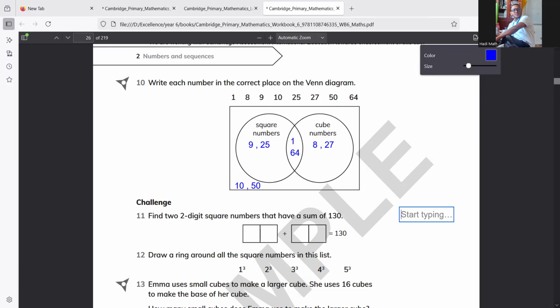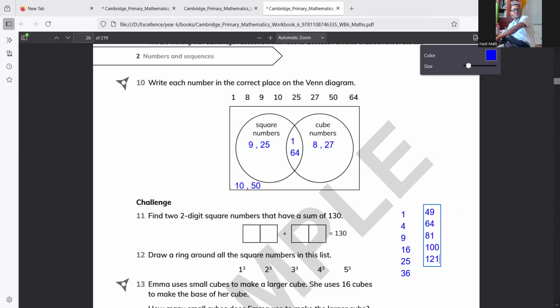So go and write them. 1 is a square number, 4, 9, 16, 25, 36, 49, 64, 81, 100, and 11 multiplied by 11 is 121. 12 multiplied by 12 is 144, so it's bigger.